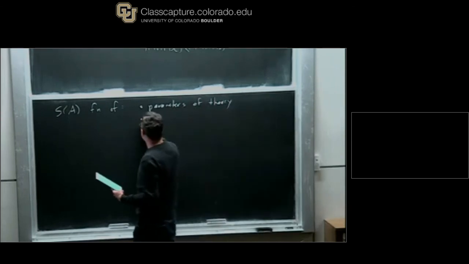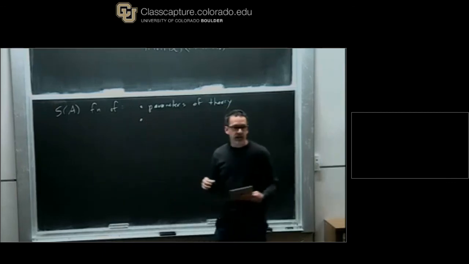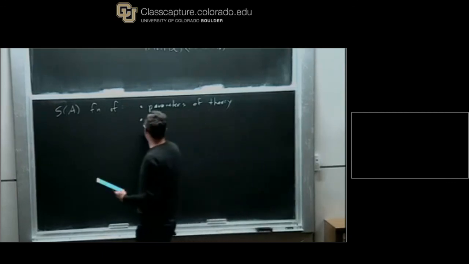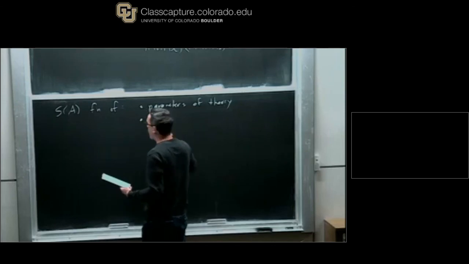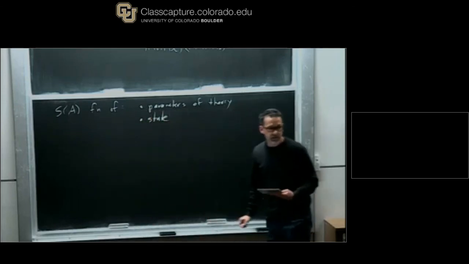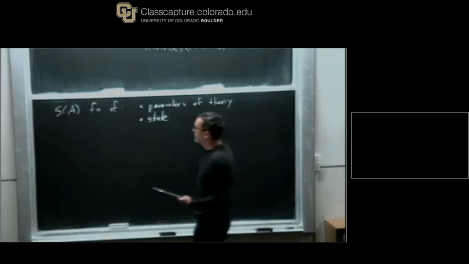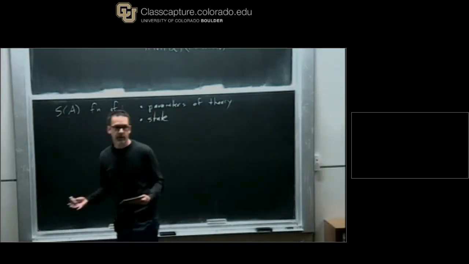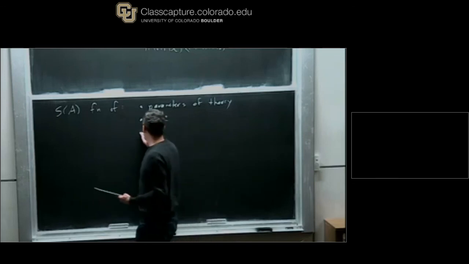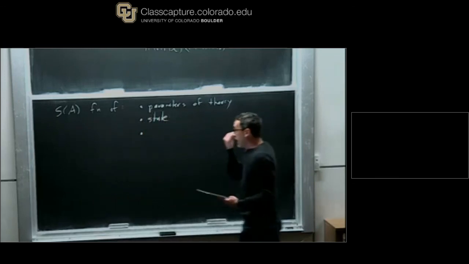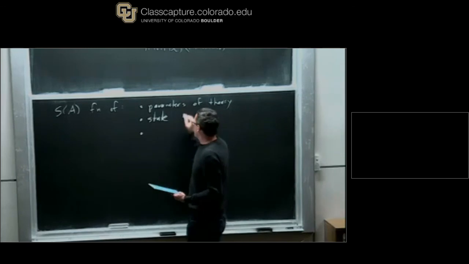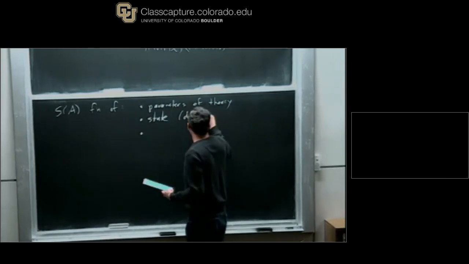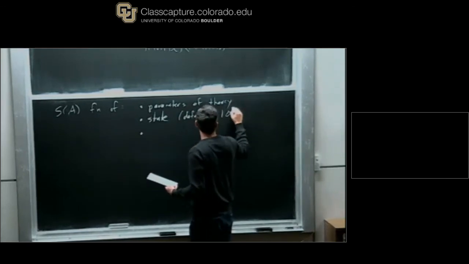Coupling constants and so on. But then, of course, that's not enough. You need to know what state you're in. So often we're interested in the ground state, the vacuum, but not always. If somebody tells you they're calculating entanglement entropies and they don't say what state, they're probably talking about the vacuum. So the default here is the vacuum.